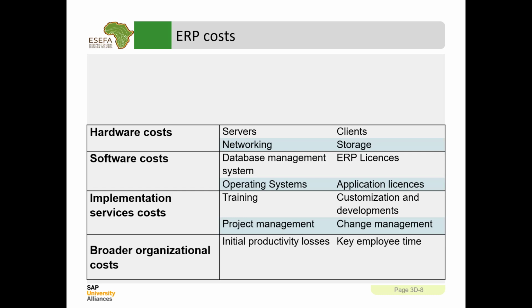There are times when they have to do trial and error, make mistakes, and then you have to make corrections. That could be production loss too, along with other losses you incur at the initial stage of the implementation. So these are examples of the costs that are involved.